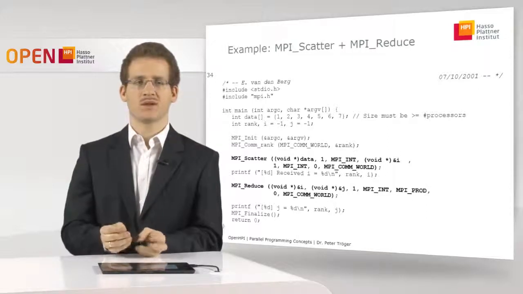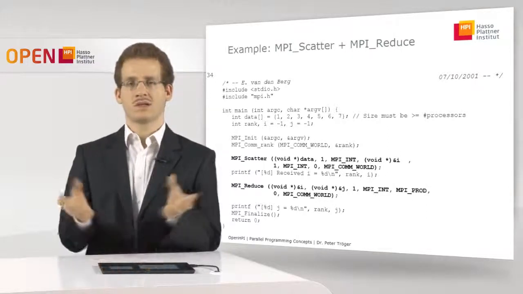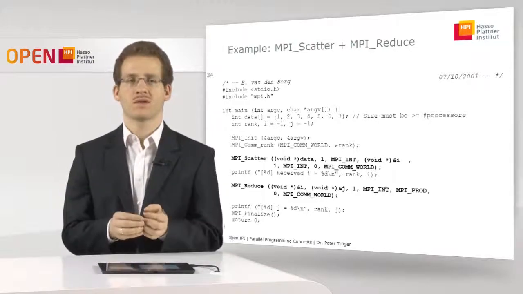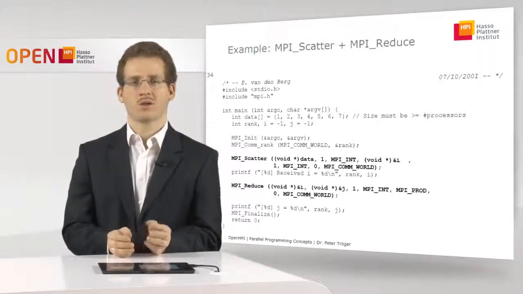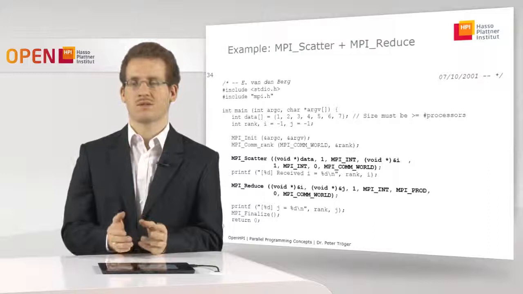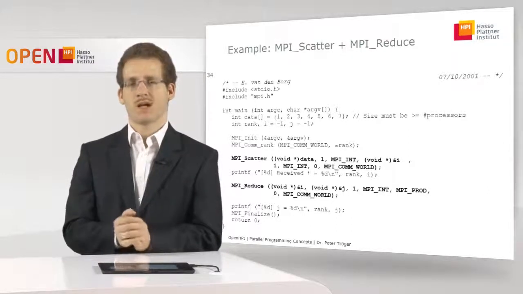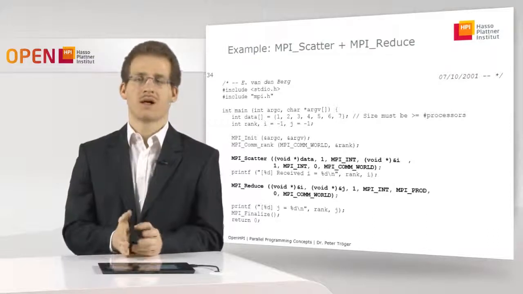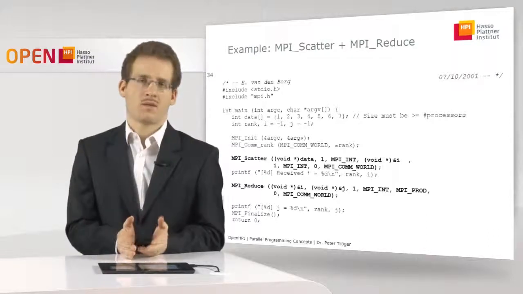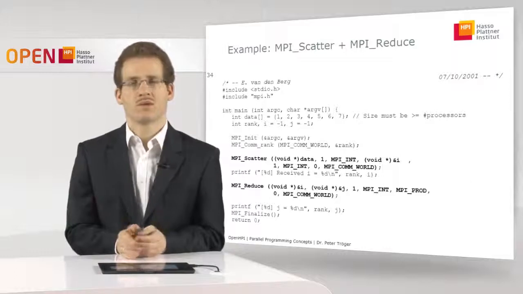The next thing we do then is a reduction call. So we take back all the values from the different nodes, but we define an MPI prod argument here, which stands for product. So we tell MPI, please get all the data items back again from all the different ranks and multiply all of them and come out with the result of this, and then we can print the result.